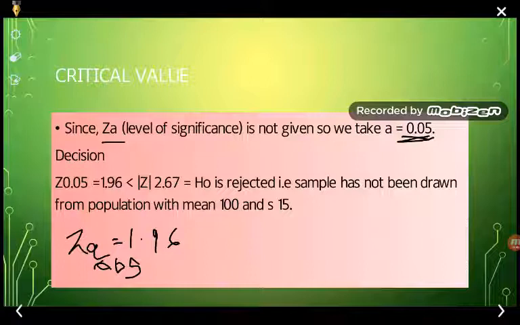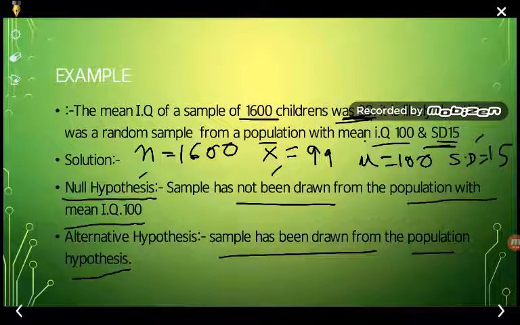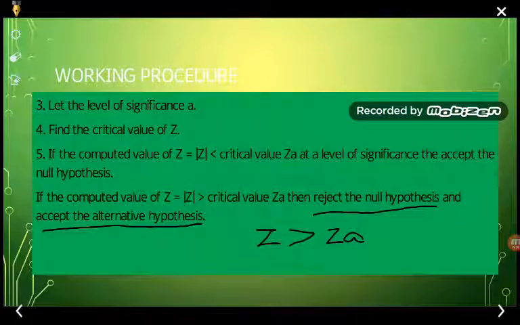And we know that our calculated Z value is 2.67. So our calculated value is greater than the tabulated value of Z. What do we usually do in this case? This condition is satisfied.